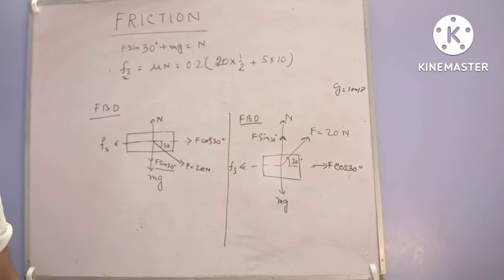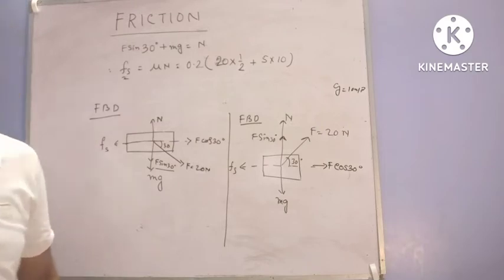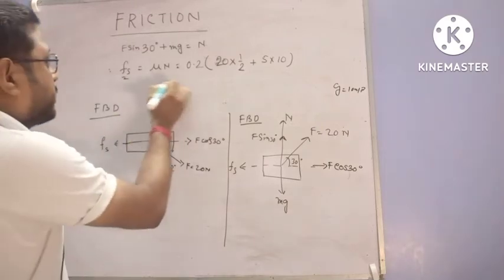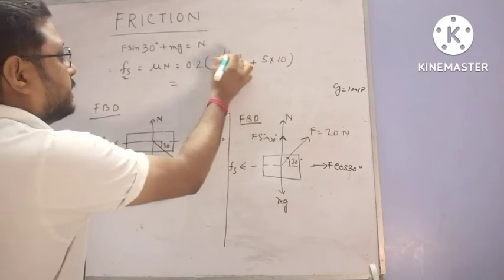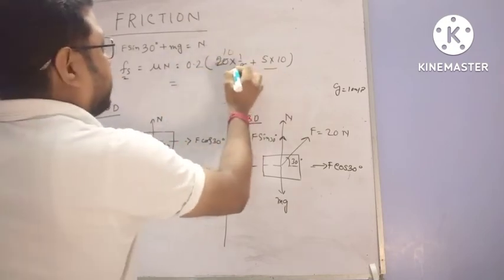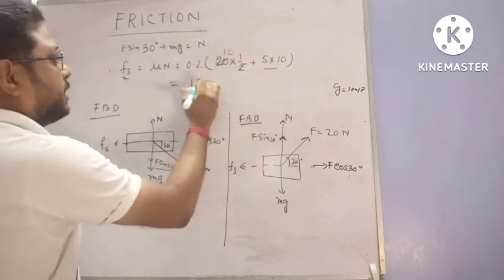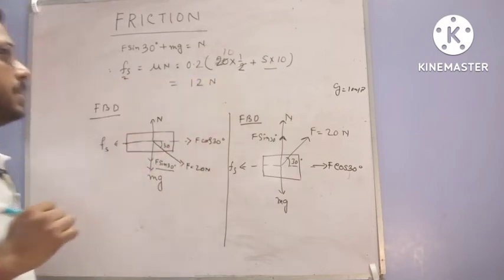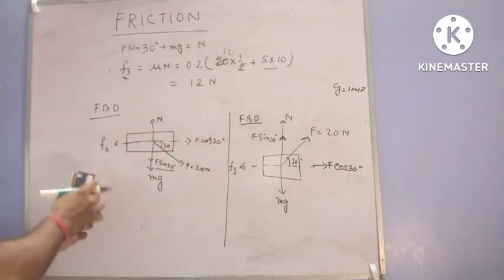If you calculate it, 50 plus 10, 60 into 0.2, that is 12 Newton. Fs is 12 Newton.